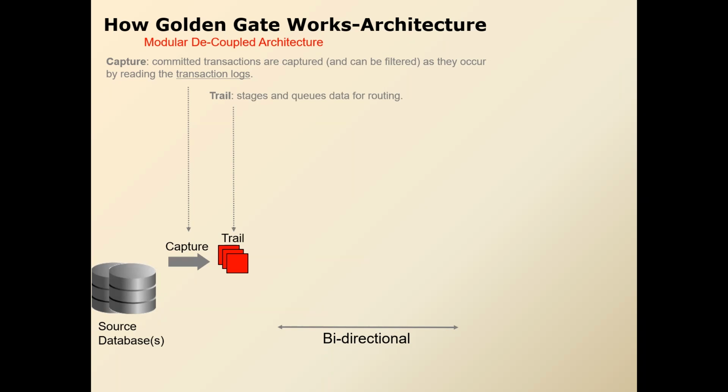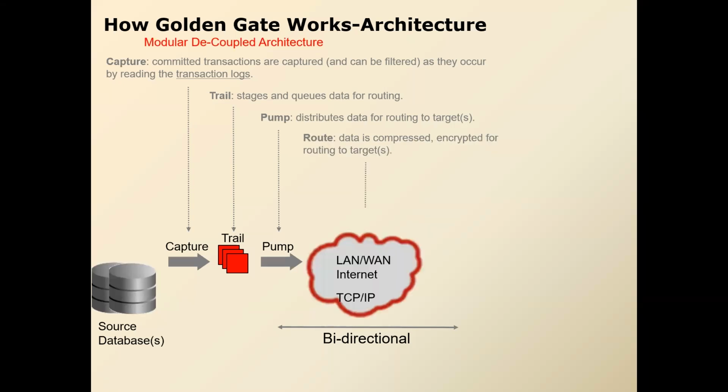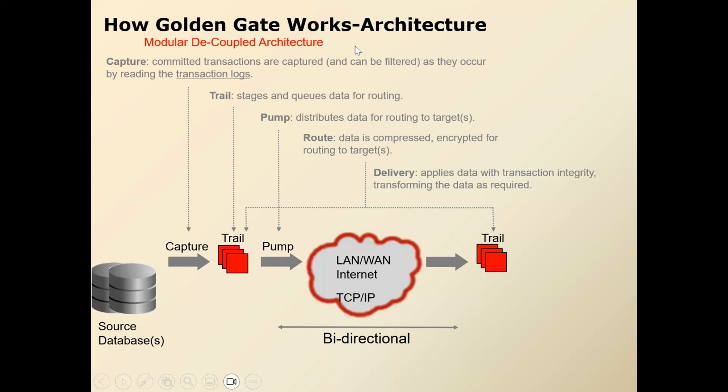Once it captures the committed transactions, it writes them to a trail file on the local machine, which is called the local trail file. Once the data is available in the local trail, the data pump process sends the data over the TCP/IP network and writes it to the remote trail on the target database. Once the data is available in the remote trail file, the Replicat process reads the data out of the remote trail and applies it to the target database.